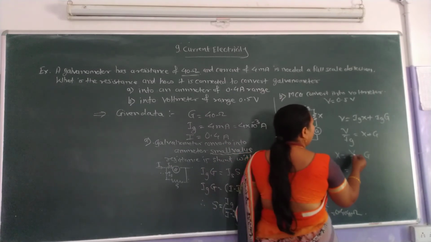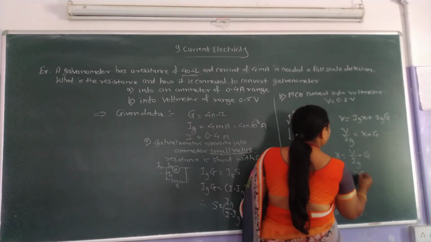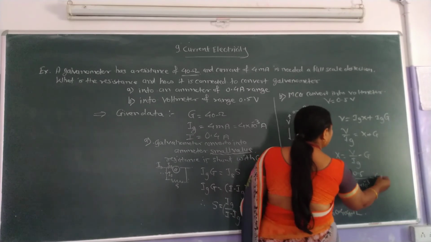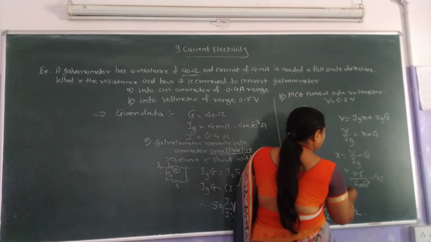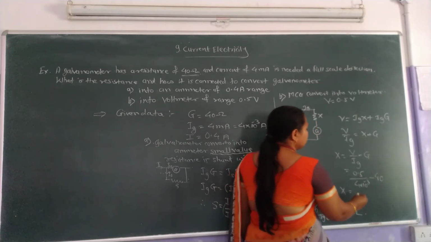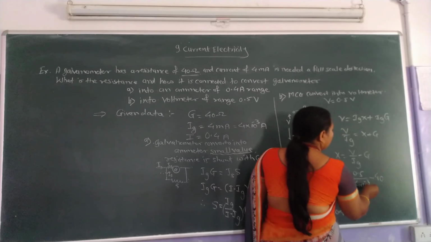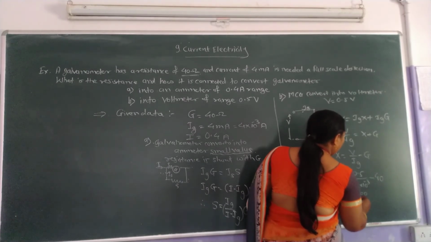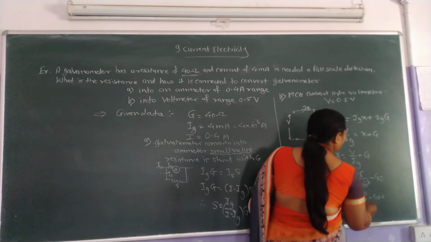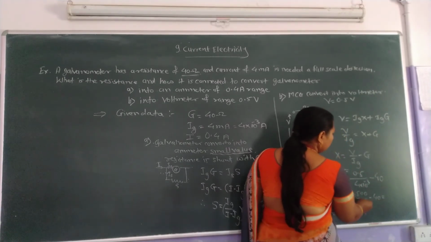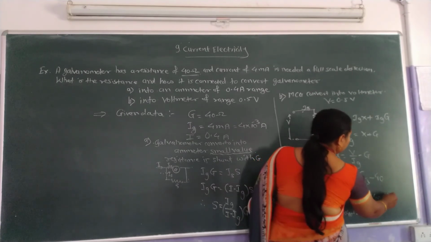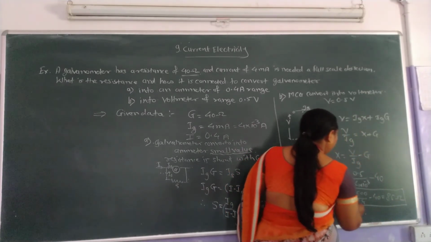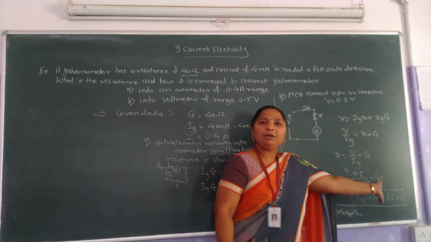Substituting, X is equal to 0.5 upon 4 into 10 raised to minus 3, minus 40, which is 500 upon 4 minus 40, that is, 85 ohm, a high value.